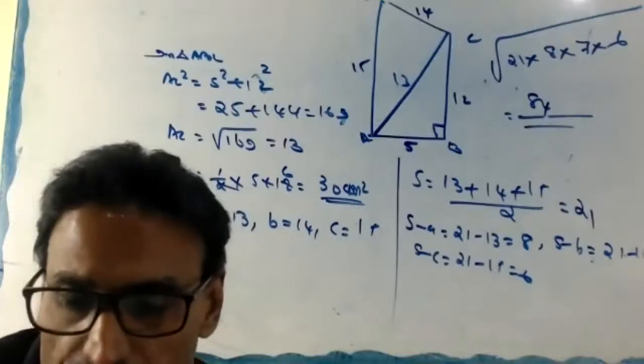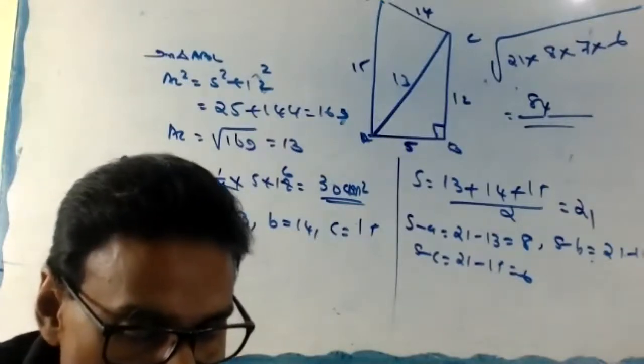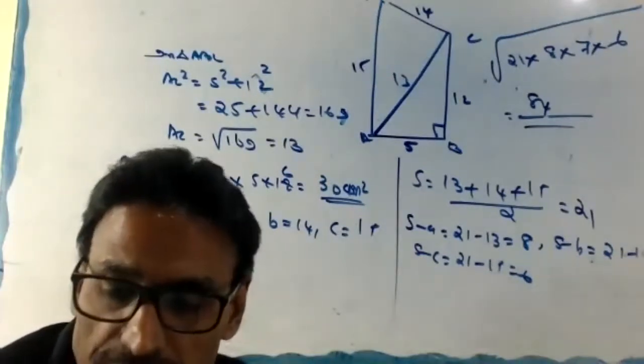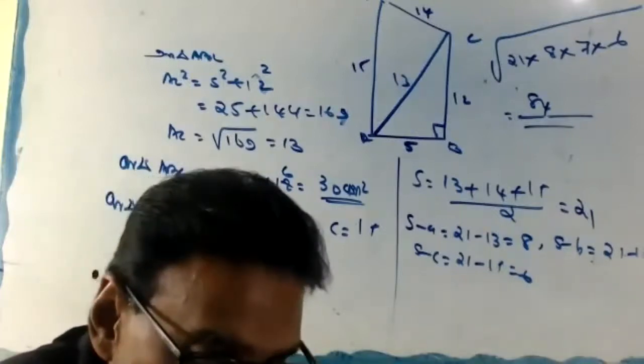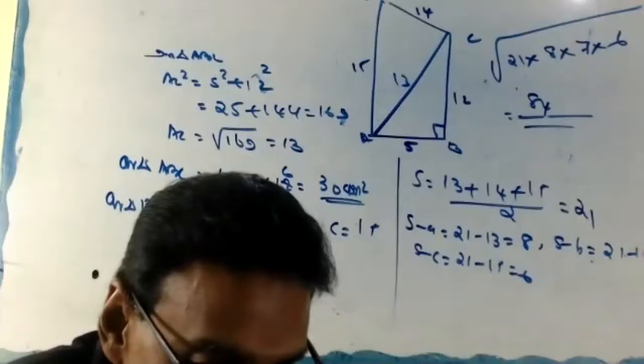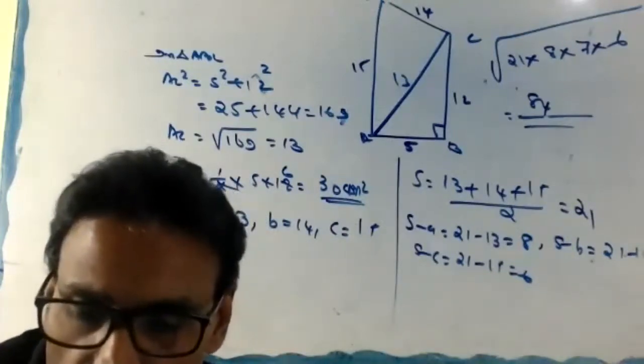Are you using a calculator, right? What multiplied? Come on. If you are using a calculator, then you can use it in school. Then why are you using a calculator?